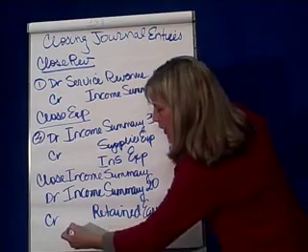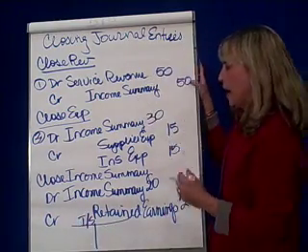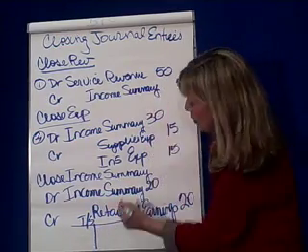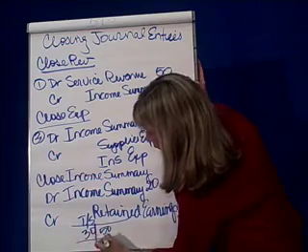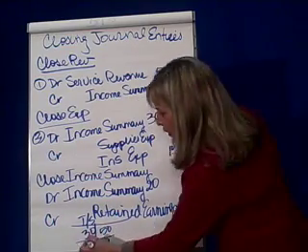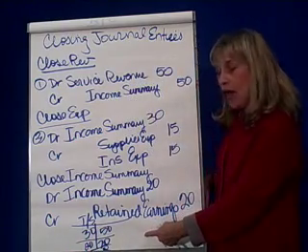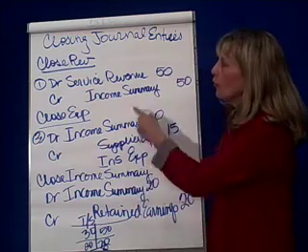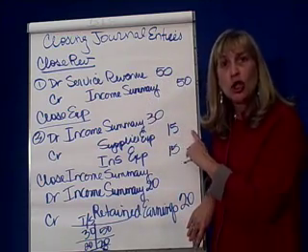So by making this entry in my income summary account, remember I had a credit of 50 and a debit of 30. So I had a balance of 20. By making this entry, the resulting balance in the income summary account is now 0. So those are the first 3 steps of the closing journal entries.